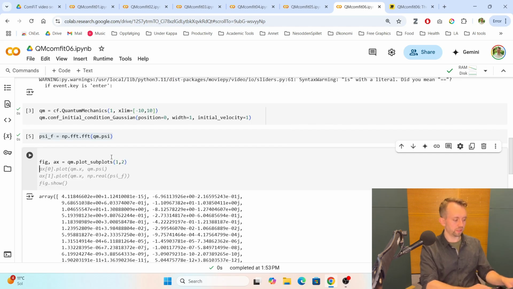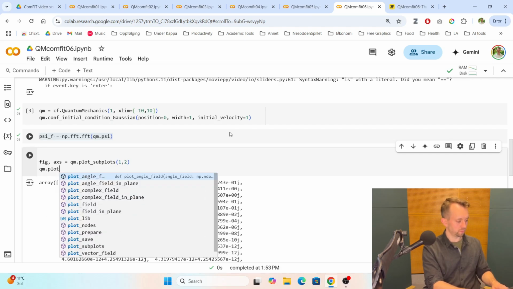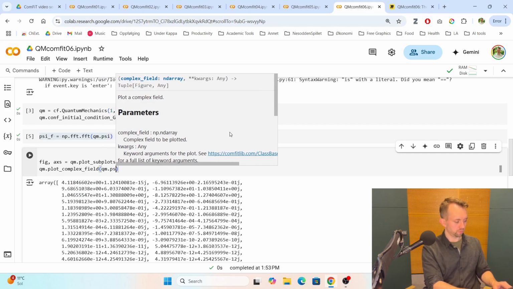This creates a plotly figure object and an axis object, which we're going to use to plot the wave functions. And then we're going to do qm.plot.complex_field qm.psi.